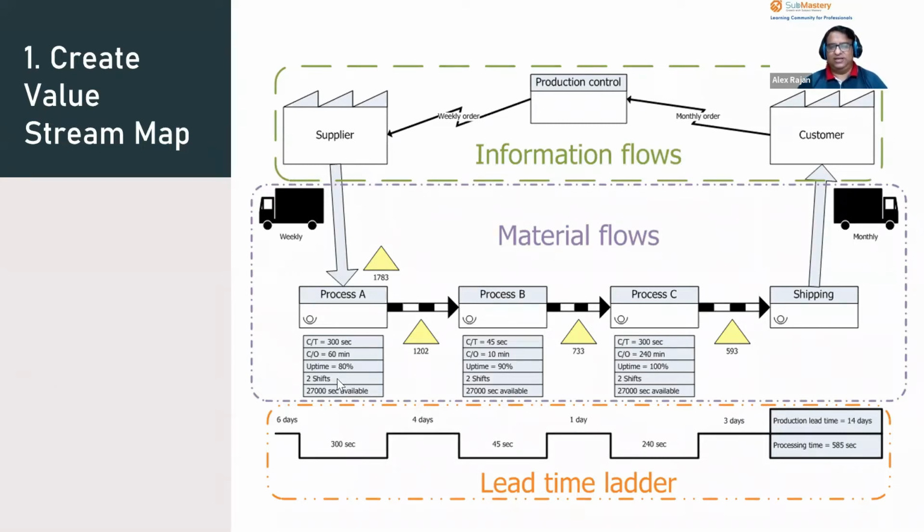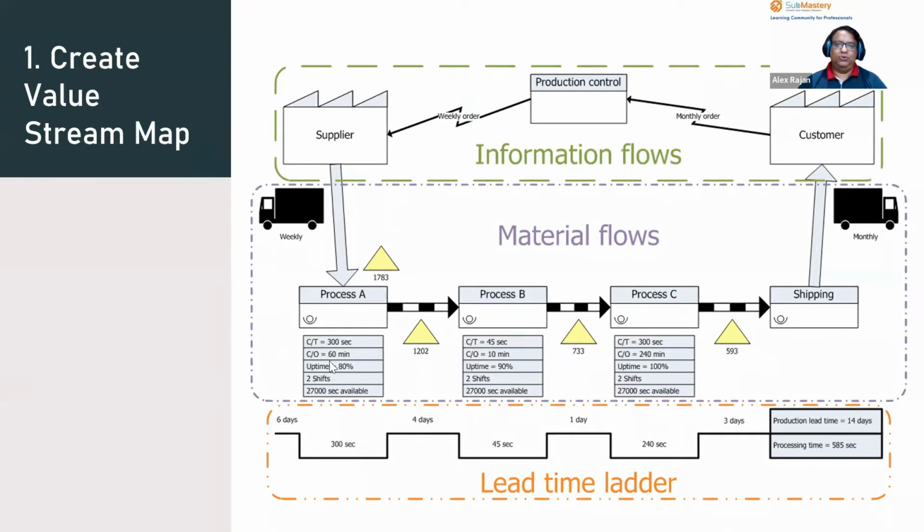Two shifts are there for that process in the company. The available time per shift, in seconds, is given here. For process B also, the cycle time and changeover time are given. For process C, the cycle time is given, and the average inventory seen between the process steps is also given.